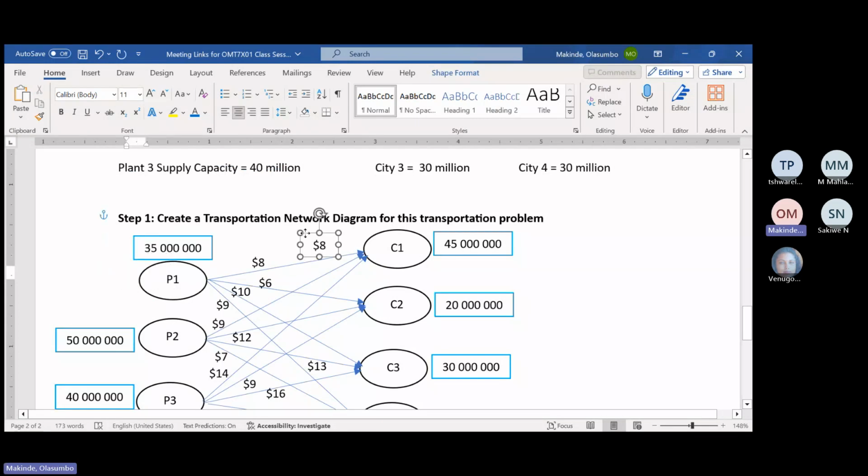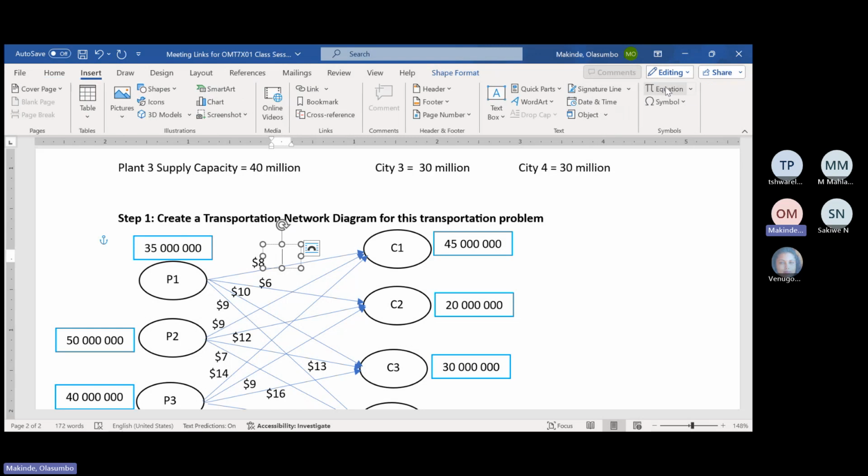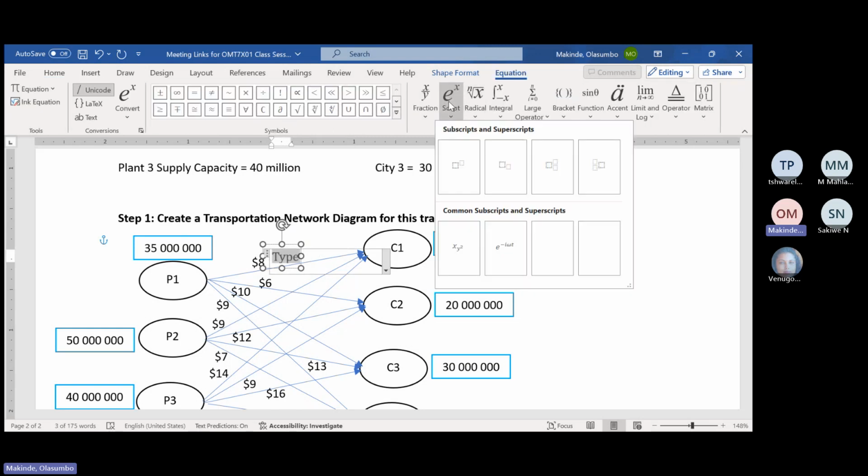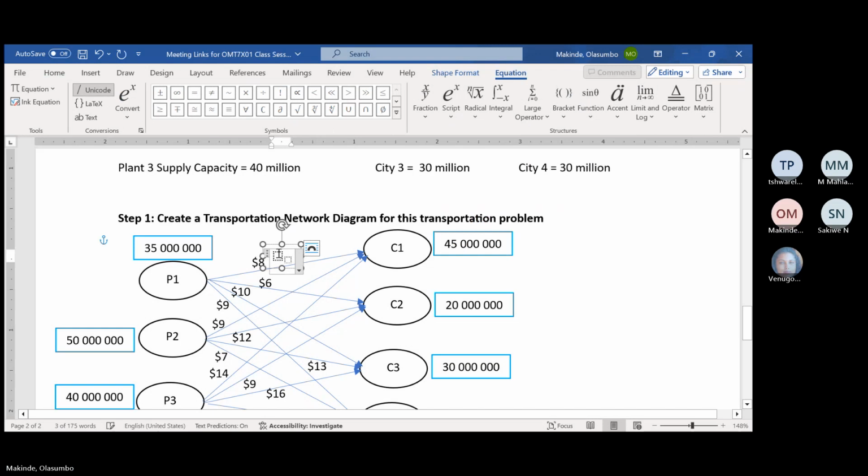They need to make sense to you. So I'm going to put all the decision variables closer to the network, so let me just insert equation X11.